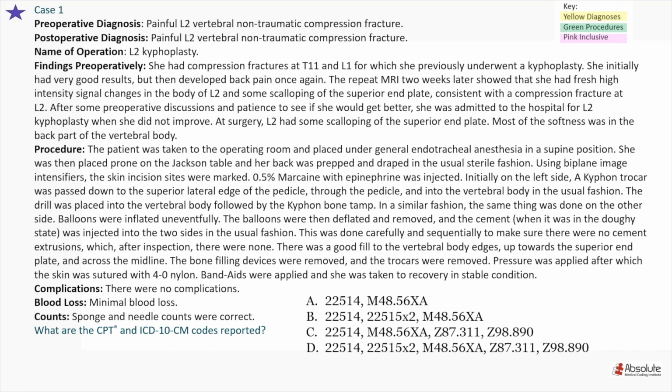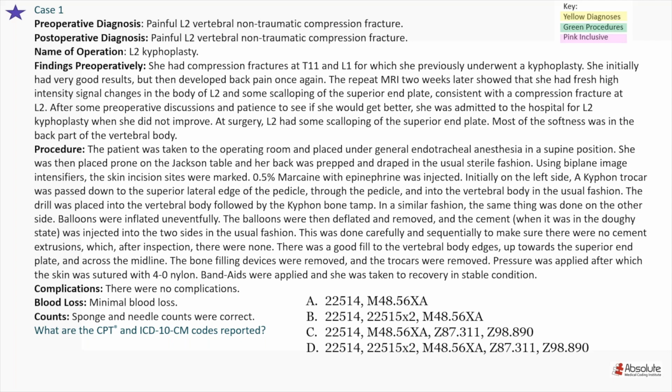Balloons were inflated uneventfully. The balloons were then deflated and removed, and the cement, when it was in the doughy state, was injected into the sides in the usual fashion. This was done carefully and sequentially to make sure there were no cement extrusions, which after inspection there were none.